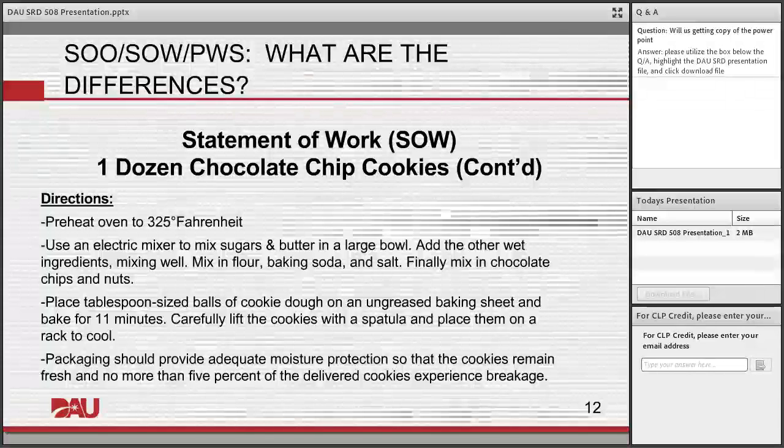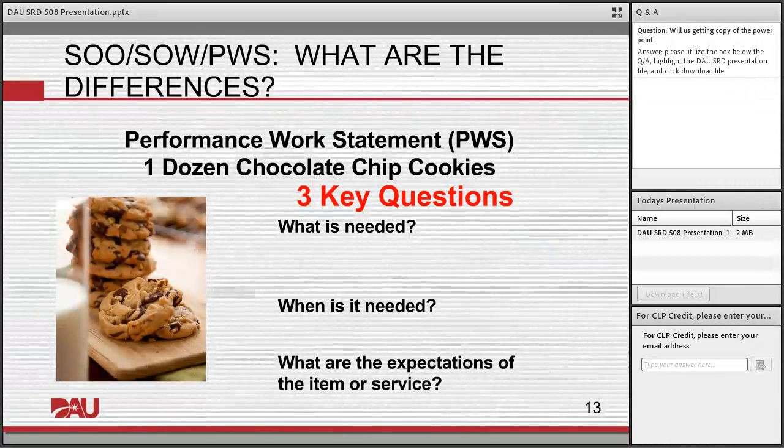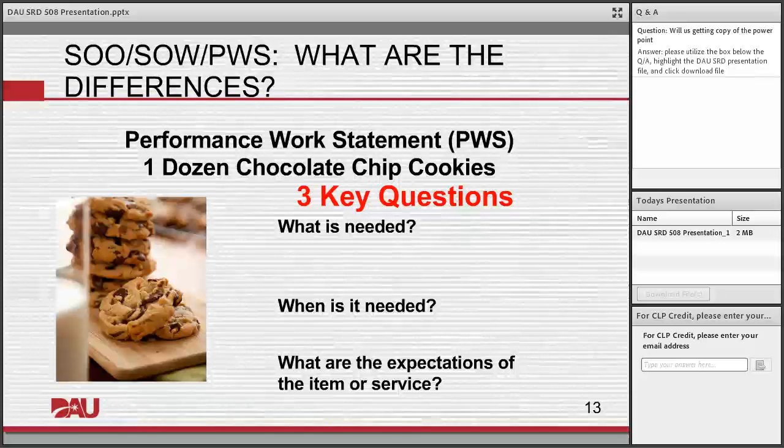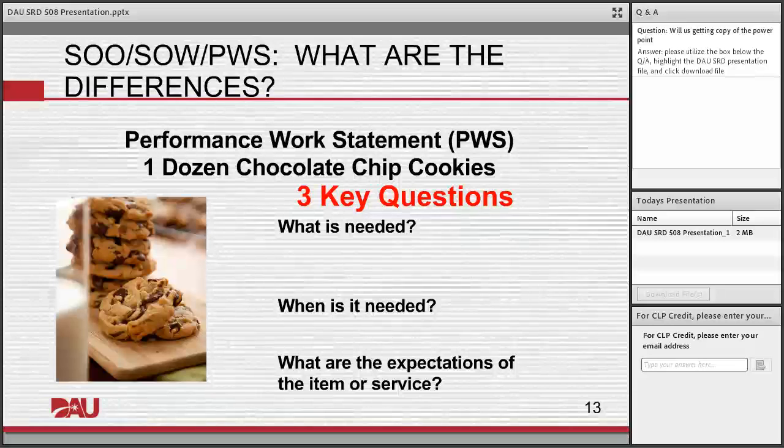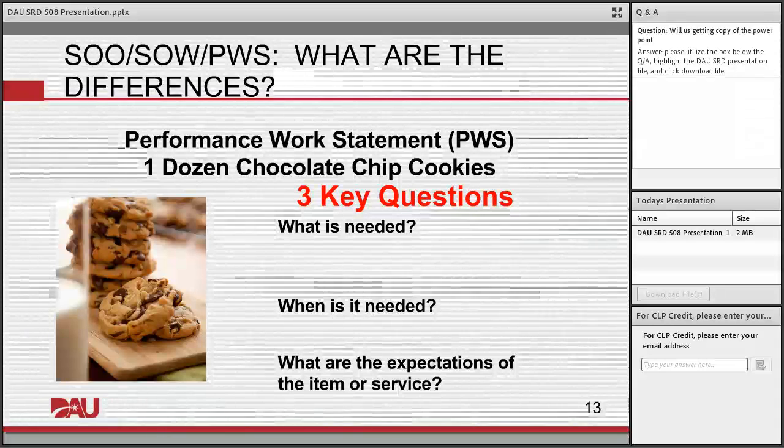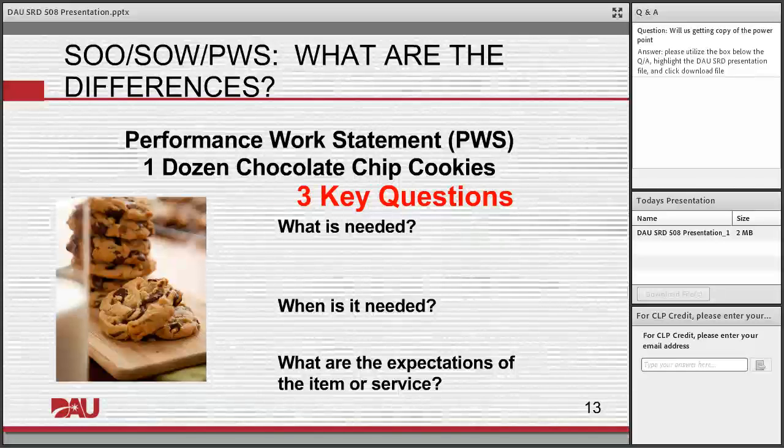So now let's go one step further and look at it in the form of a performance work statement. So with the performance work statement, I still have the defined end result in that I have 1 dozen chocolate chip cookies. But in order for me to be able to define what the offerors need to give me in a proposal, I need to ask and answer 3 key questions.